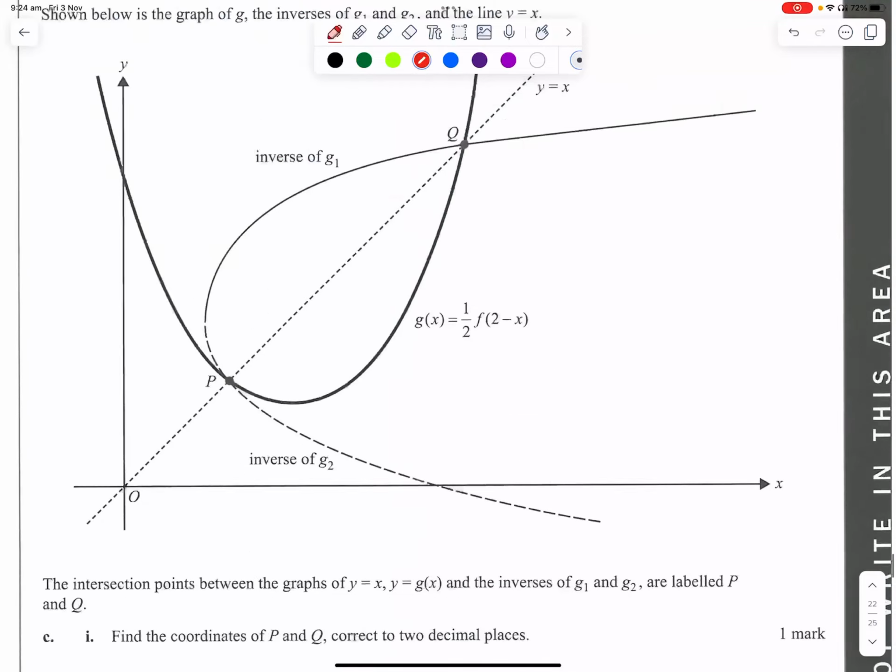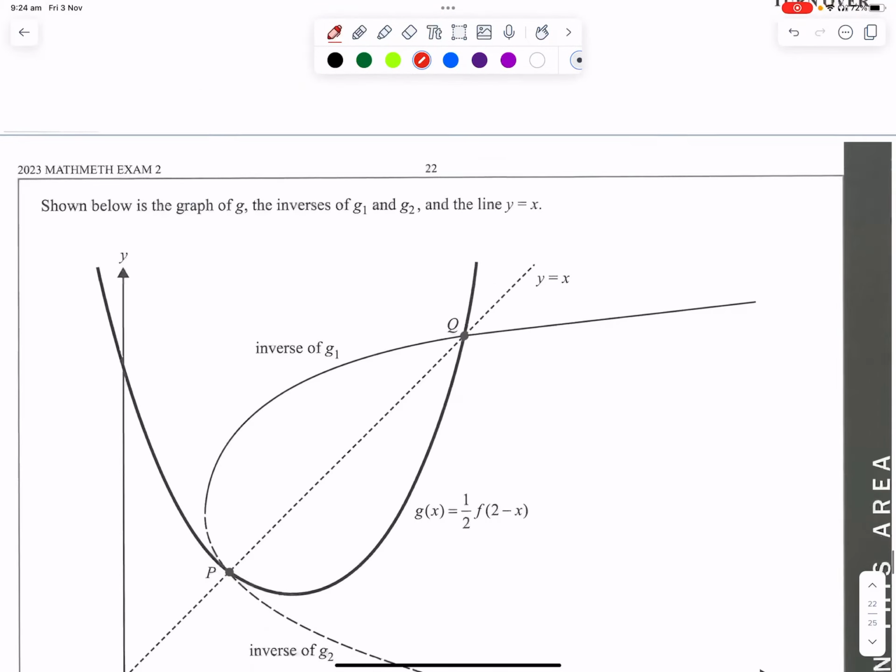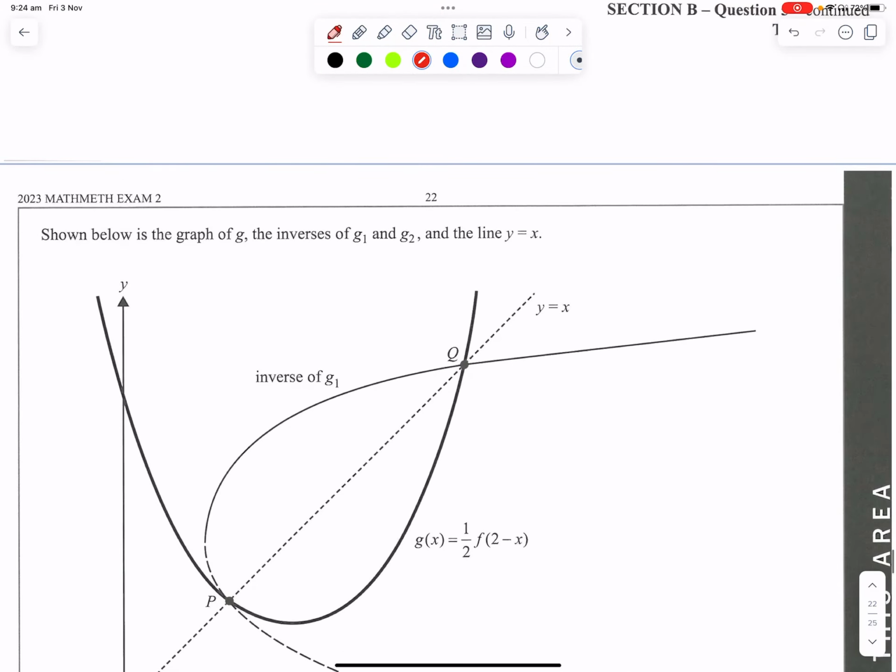Thank God we're nearly getting there. Okay, the graph of g, the inverse of g1 and g2 and the line y equals x.